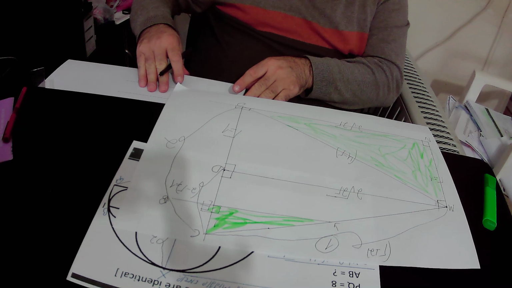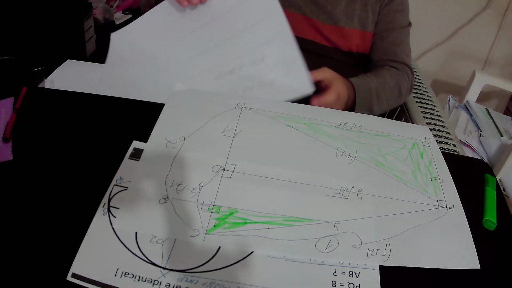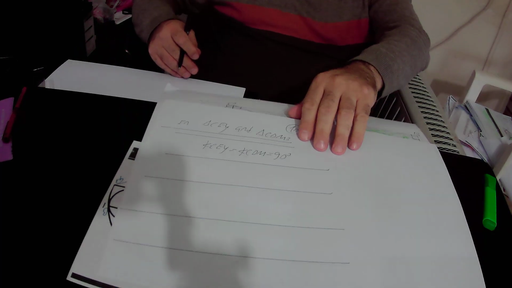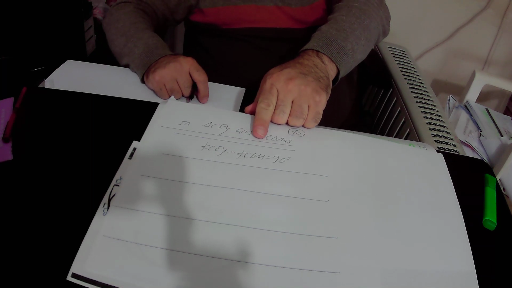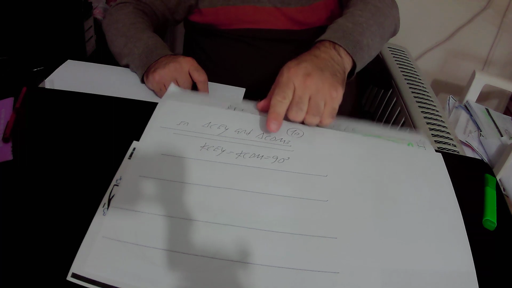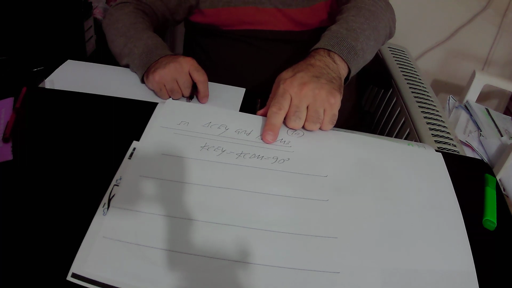I will repeat again. Angle CEY equals angle CDM, and they are both right angles, they are equal to 90 degrees.